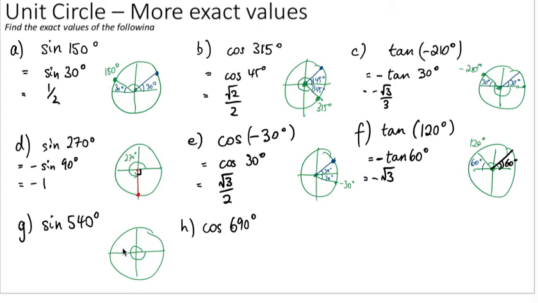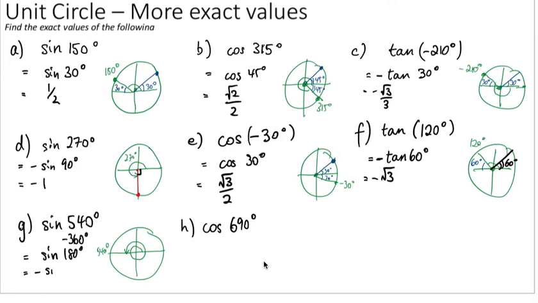So we've hit that 180 degree mark. So we can just simply subtract off 360 degrees. We know that's going to be exactly the same. So sine 180 degrees, which is equal to sine 0 degrees, which we know is just 0 anyway. That's our answer to that one.